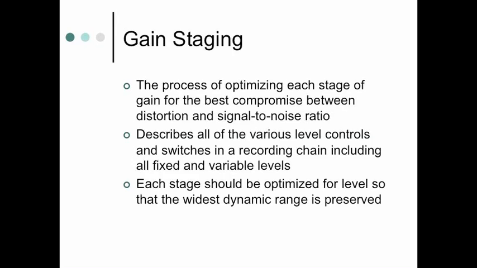So what's another good example of how you stage your gains so that they operate most effectively? A great example is for you guitar players. You have an amplifier that has a preamp level and a master gain level on the output. You've got an input gain and an output gain.